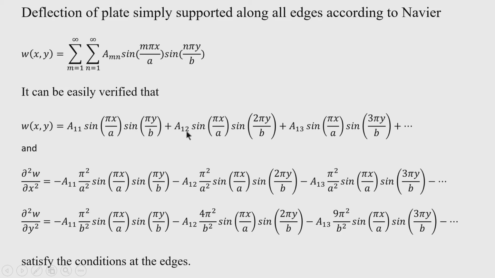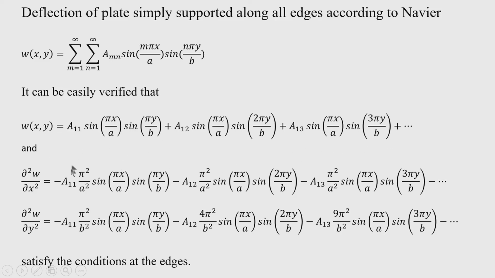Then the second term is, say, m is equal to 1, n is equal to 2, A12 sin pi x by a sin 2 pi y by b. Third term, m is equal to 1 and n is equal to 3, you will get sin pi x by a sin 3 pi y by b, and so on. So, you will get an infinite series.